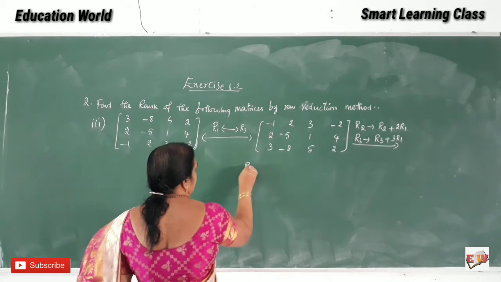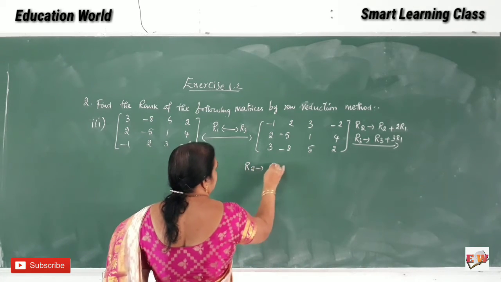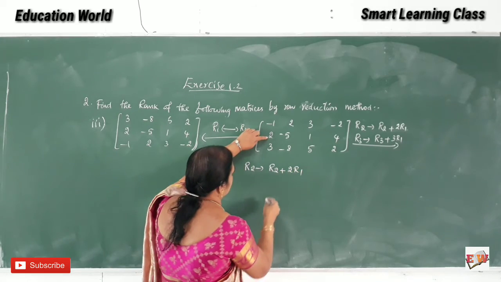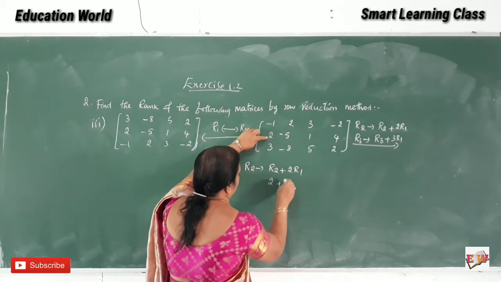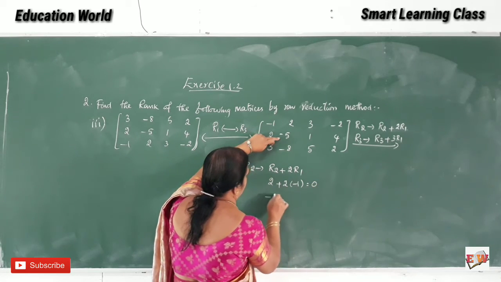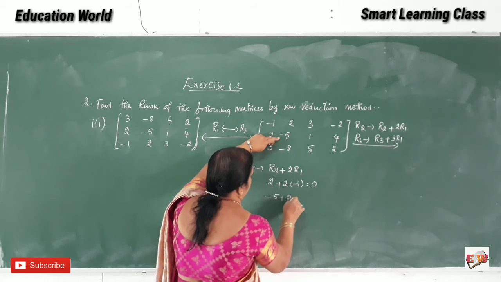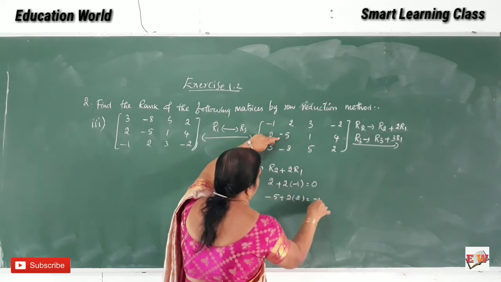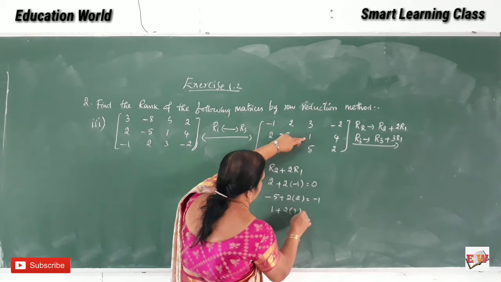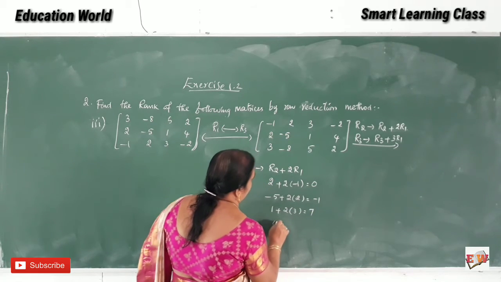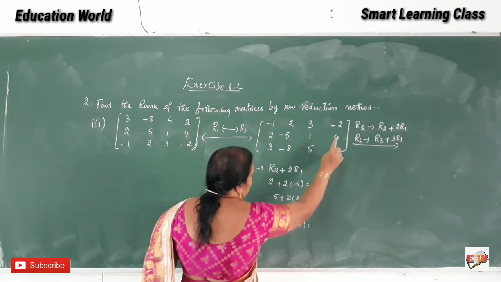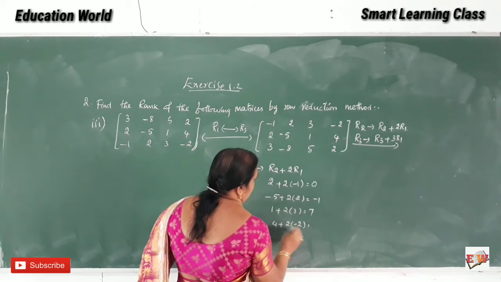See, first step R2 gives R2 plus 2 R1. 2 plus 2 into minus 1, 0. Here minus 5 plus 2 into 2, minus 1. 1 plus 2 into 3, 7. 4 plus 2 into minus 2, 0.